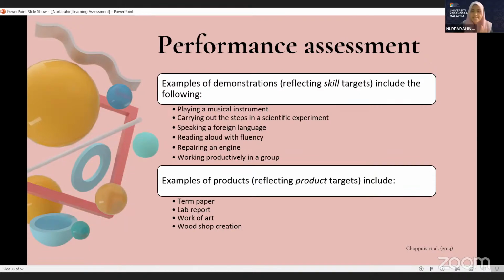So those are skill targets. The second performance assessment reflects product targets. You can assess students' term papers, their lab reports, their works of art, their workshop creations. Those are product targets.